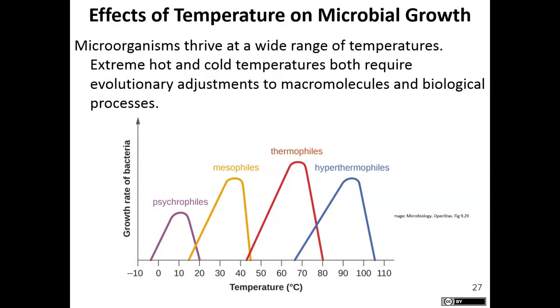We have thermophiles that can grow at a high temperature slightly higher than body temperature, up to about 80 degrees Celsius. And then we have the hyperthermophiles, which are those organisms that grow at the most extreme temperatures.